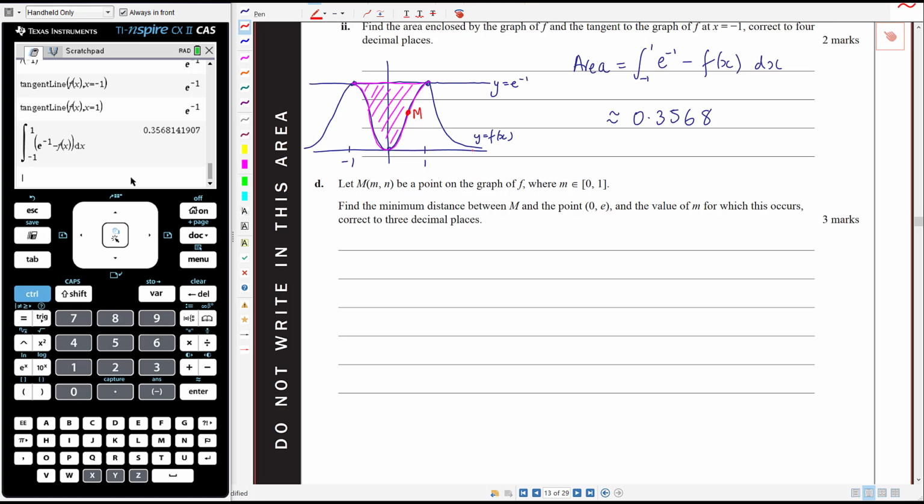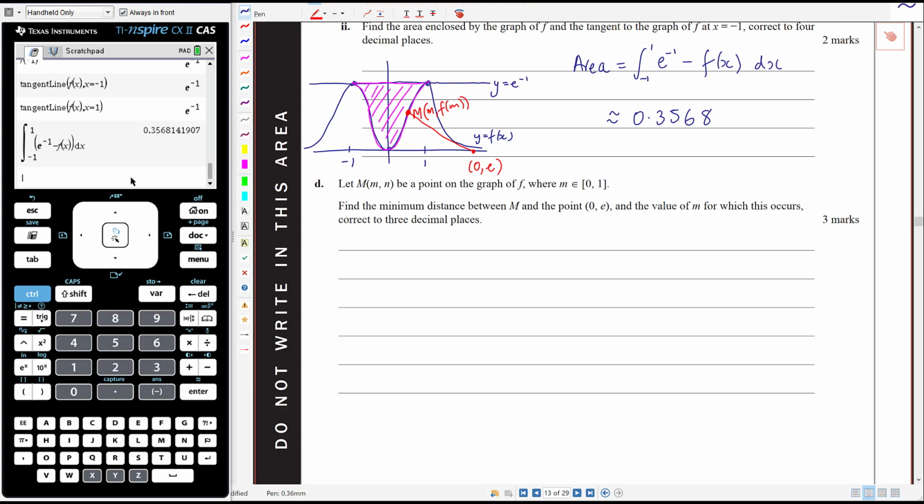Okay, so (0, e) is going to be somewhere out here. So we're trying to minimize the distance between those 2 points. Now M has coordinates (m, f(m)). Okay, you don't need 2 variables there. So we want to find the minimum distance and the value of m for which this occurs, correct to 3 decimal places.